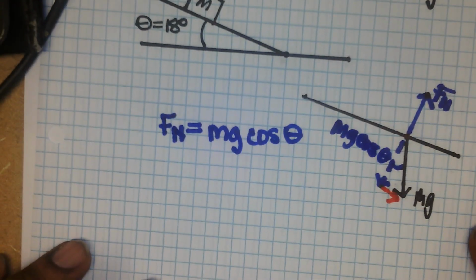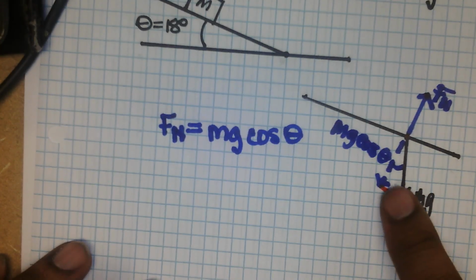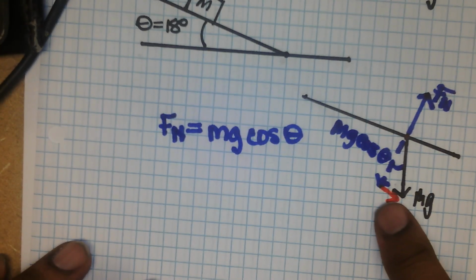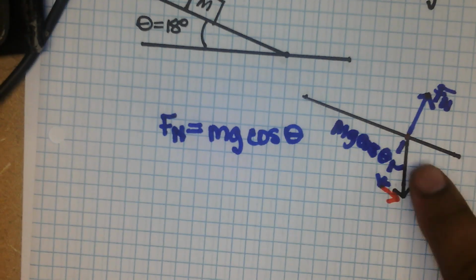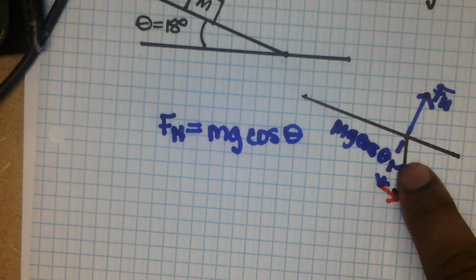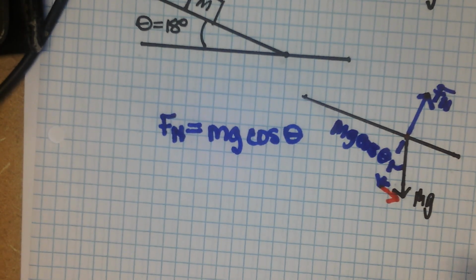Okay? Now, what force is pulling downward on the box? Well, the side of the triangle that's opposite the angle we're measuring is noted by sine.